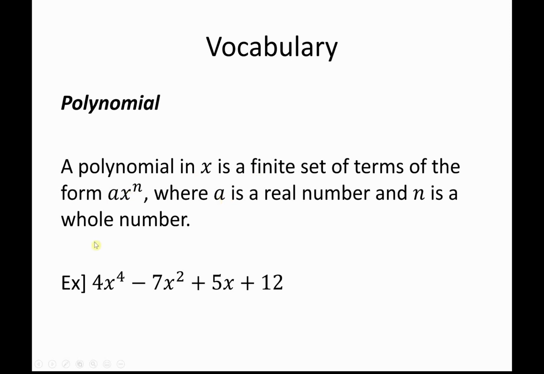Then a, which is the coefficient of each term. The coefficient of the first term is 4. The coefficient of the second term is technically -7. Yes, when you have a subtracted term, technically that subtraction symbol is the sign of the coefficient of that term. So that can get a little confusing. The coefficient of the third term here is 5, and the last term is a constant term.